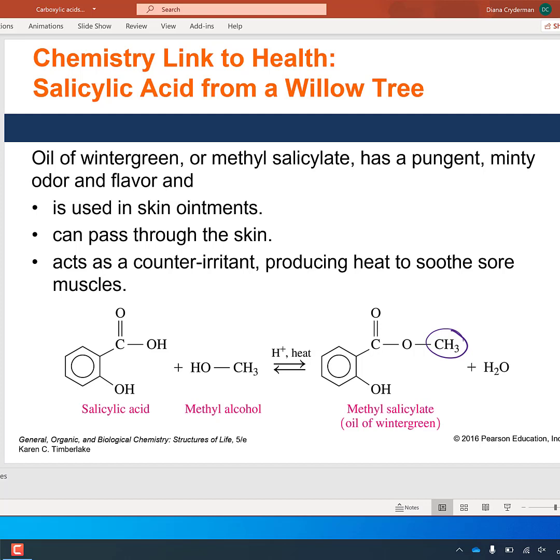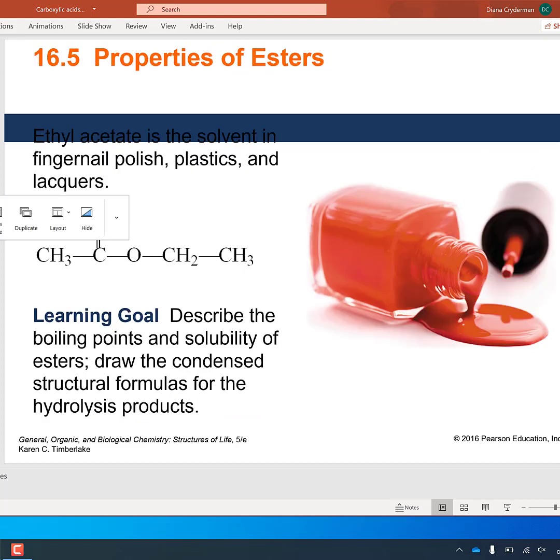Okay, let's talk about the properties of esters in terms of boiling points and solubility in water. We have alluded to the fact that we can smell these and taste these, so they must be soluble in water and must be somewhat volatile.